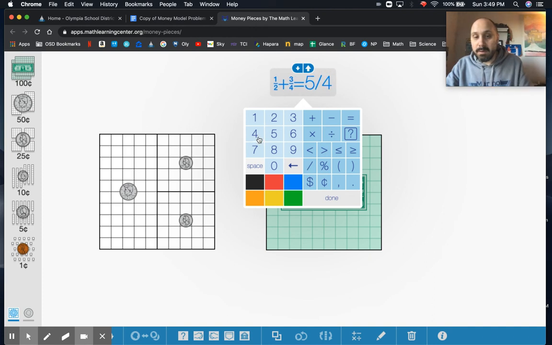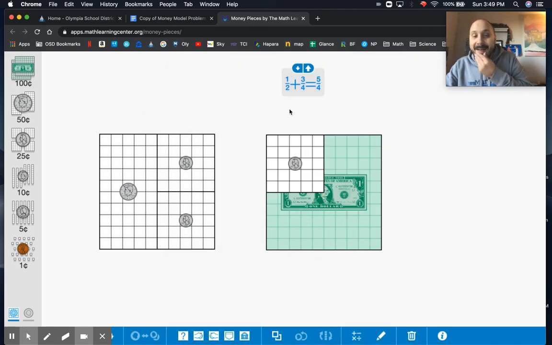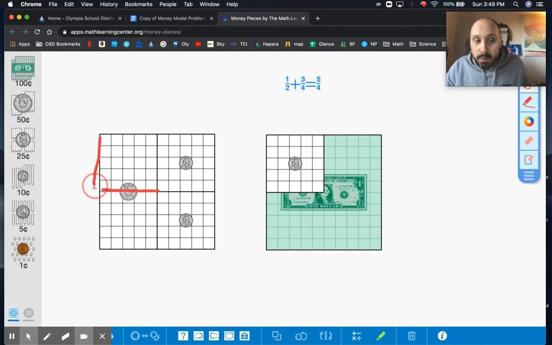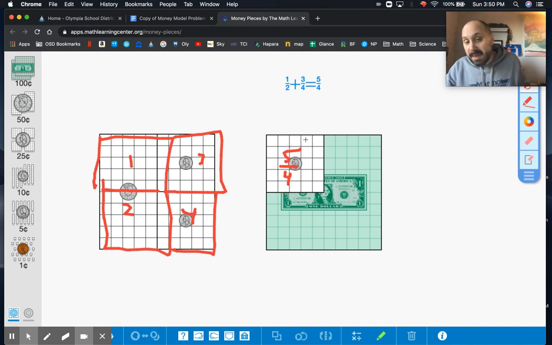All right, so I have 1, 2, because if I broke these all into fourths, I have 1/4, I have 2/4, I have 3/4, I have 4/4, right? Because that's a whole dollar. But then I also have this 5/4 over here. So the answer is 5/4, or $1, one whole dollar, and 1/4 over here.